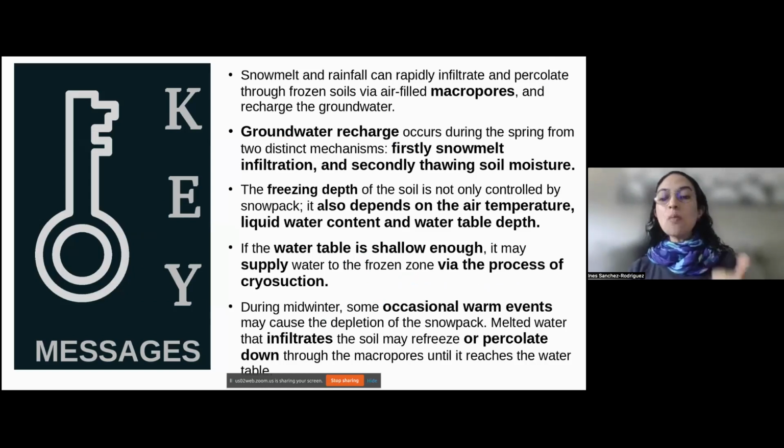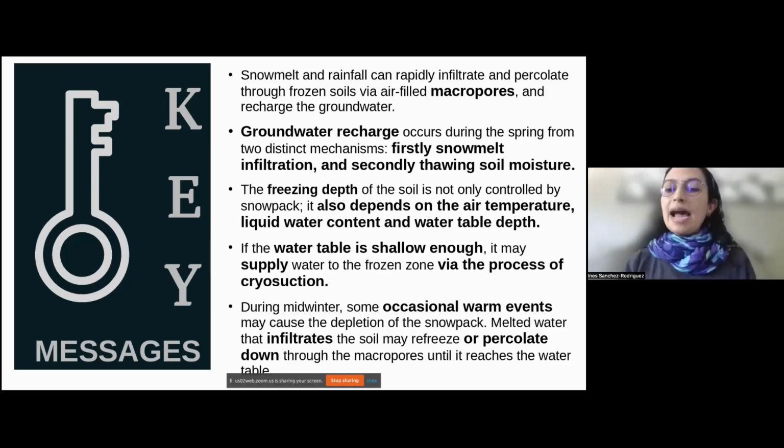Firstly, snowmelt infiltration, and secondly, thawing coming from the soil moisture. Thirdly, this is important. In literature, it's common to read that the freezing depth of the soil is controlled by the snowpack. What we found is that besides the snowpack, other elements control the frozen depth, like air temperature, liquid water content, and water table.